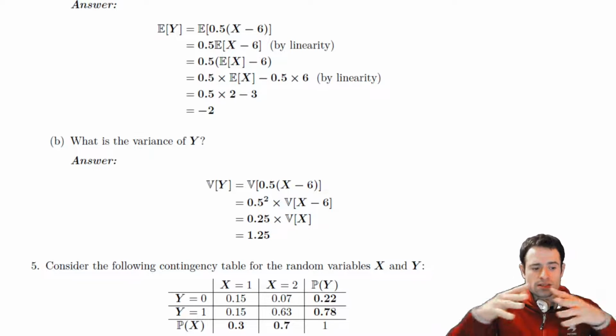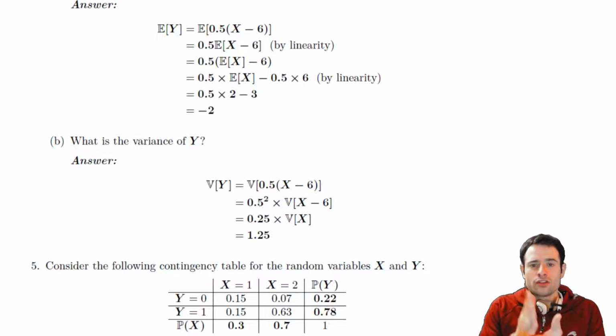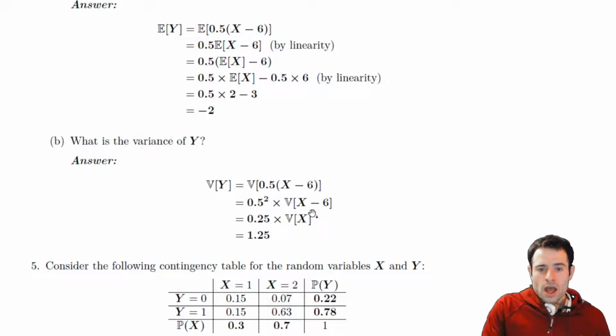But the variance around the mean, this 60%, will be the same as before. You can check this computation yourself if you want to. So, I know that the variance of x is equal to 5. 0.5 squared is equal to 0.25 times 5, that will be equal to 1.25.